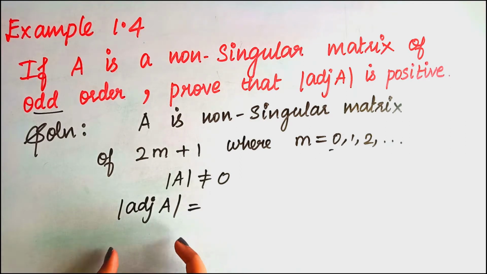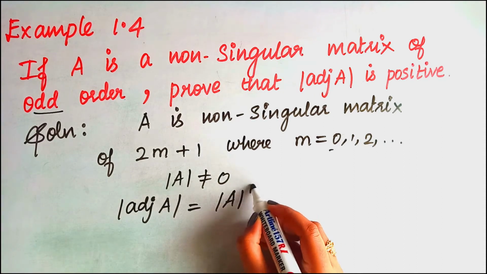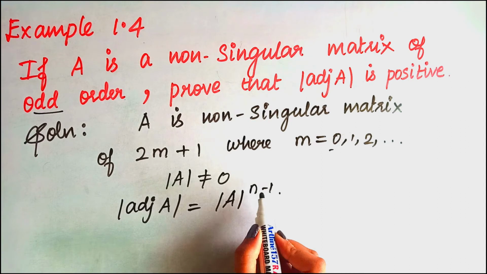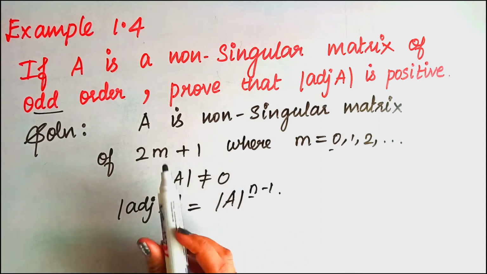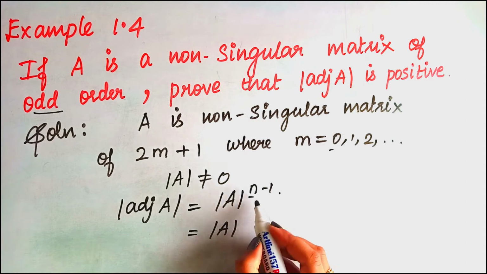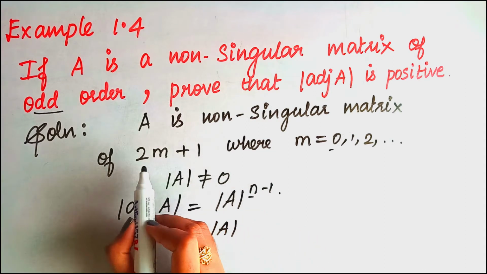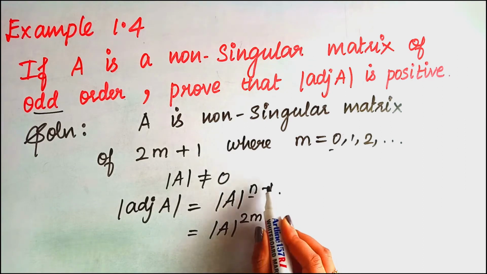So the formula for determinant of adjoint A is determinant of A power n minus 1. Here n is nothing but our order, and we have taken our order as 2m plus 1, right? So let's substitute that here. In the place of n we are going to substitute 2m plus 1, and here there is a minus 1.